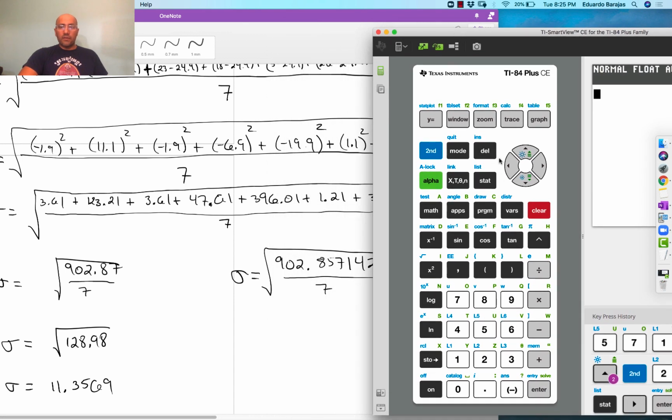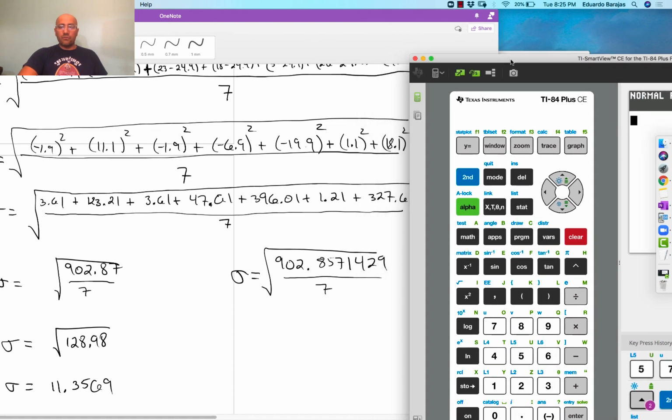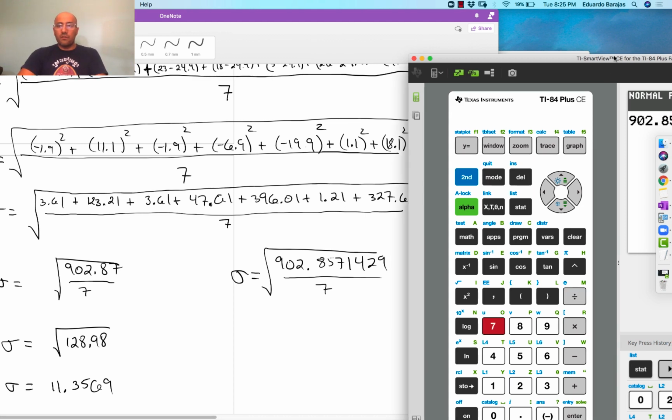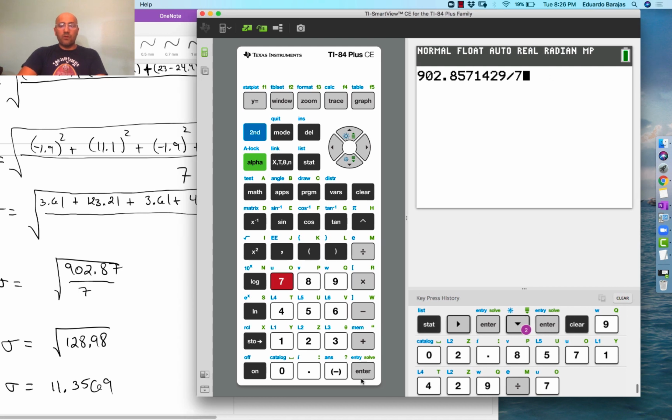And it's going to be 902.8571429 divided by 7. That's that number. Enter. And then we want to take the square root of that.